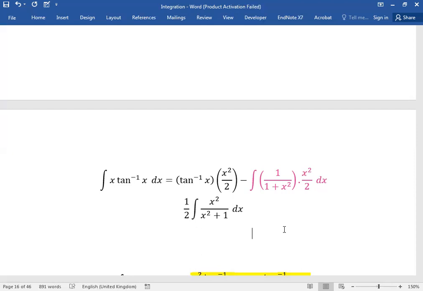Why would the quotient rule apply here? Give me the reason. What quotient rule would apply to this? This is an improper fraction. The degree of the numerator is equal to the degree of the denominator. Hence, it's an improper fraction.